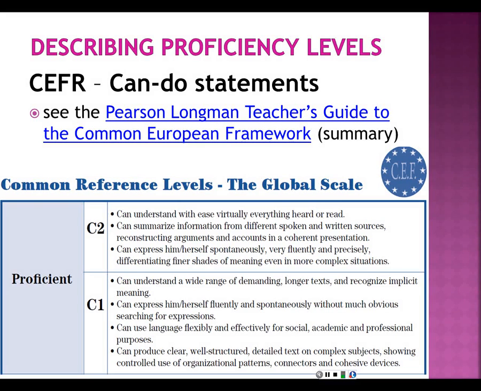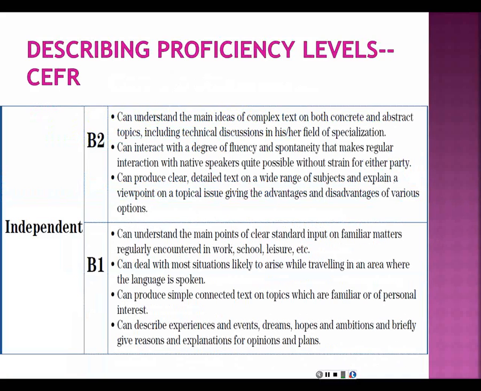So proficient learners are able to do these items in C1 and C2. Most likely you're not going to have such proficient learners, but you may have learners at B1. So let's look at those descriptors. And these are just global ones, okay? They are broken down by language area as well.